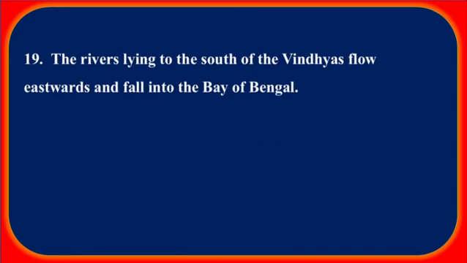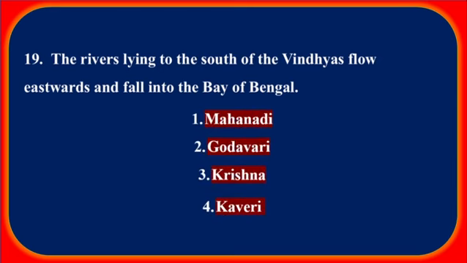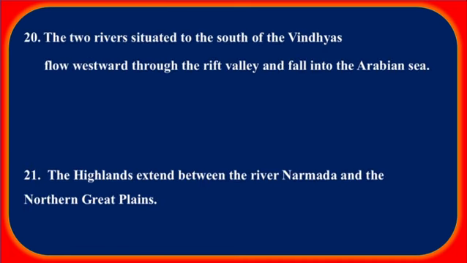The rivers lying to the south of the Vindhyas flow eastward and fall into the Bay of Bengal: Mahanadi, Godavari, Krishna, Kaveri. Two rivers flow westward through the Rift Valley and fall into the Arabian Sea.